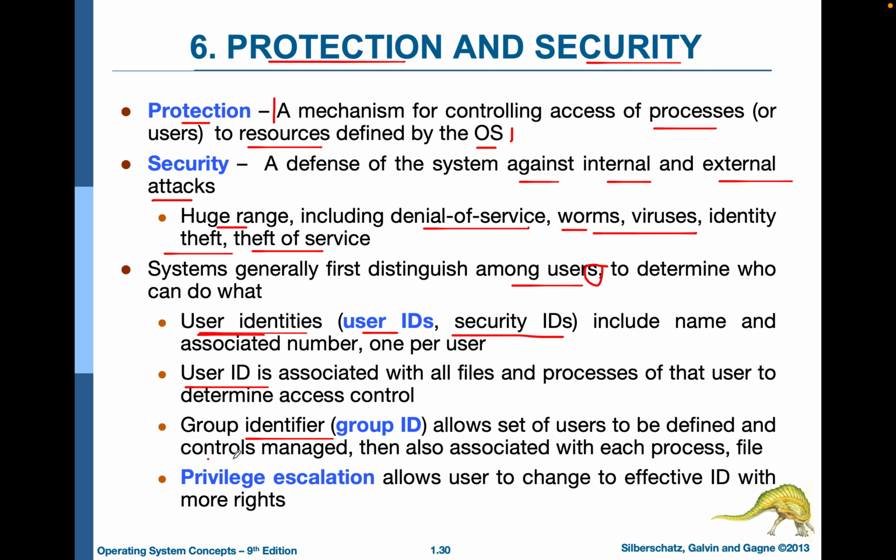You can see under your control manager, it can also be grouped following the application. Sometimes an application cannot be accessed because of the group setting, isn't it? So privilege escalation allows a user to change the effective ID with more rights.